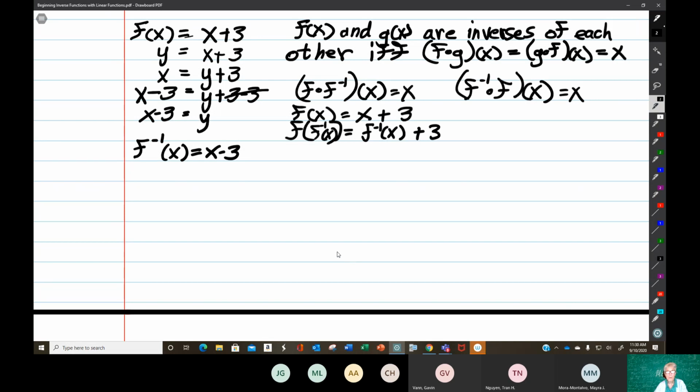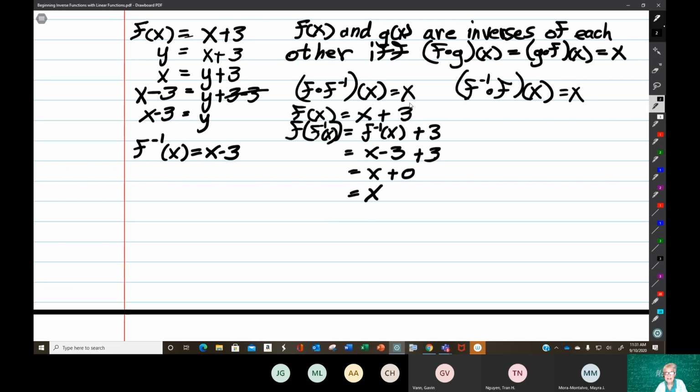Well, what is f inverse of x? It's x minus 3. So that just means we're going to plug in x minus 3 right here and then add 3 because it was already there. And negative 3 plus 3 is 0. This is going to be x plus 0 or x minus 0, same thing. It's x.